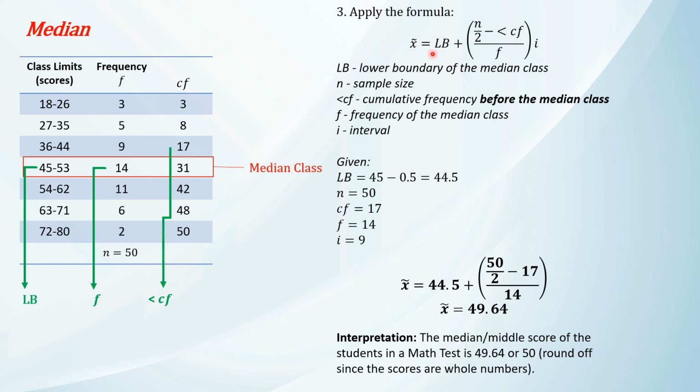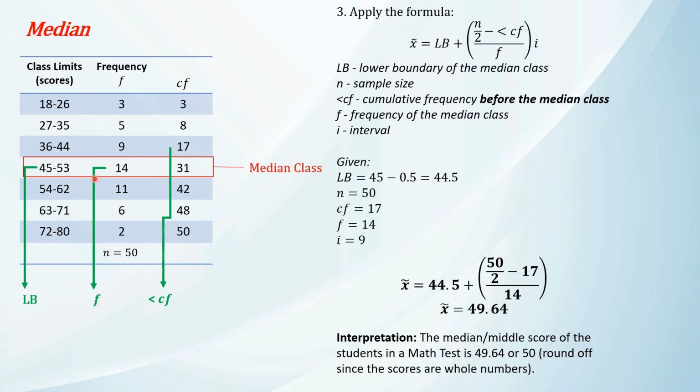You will get the lower boundary, you will get n, you will get the less than cumulative frequency, you will get f of the median class, and you will get the class size i.